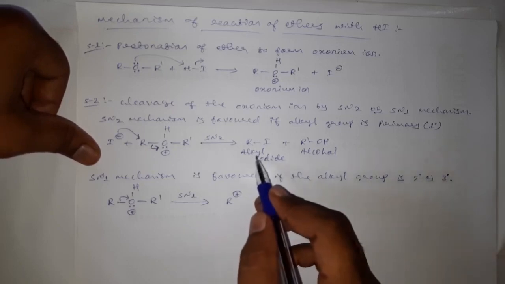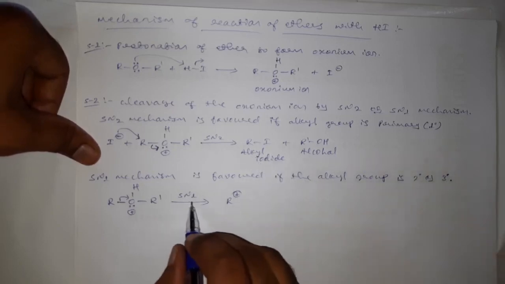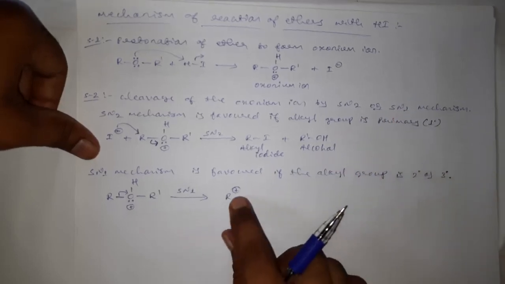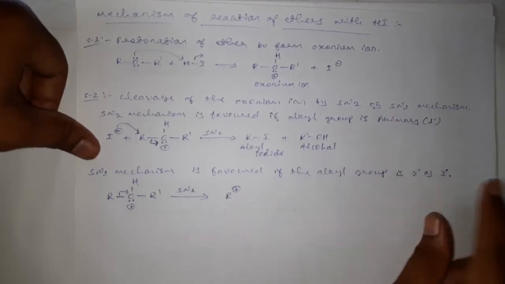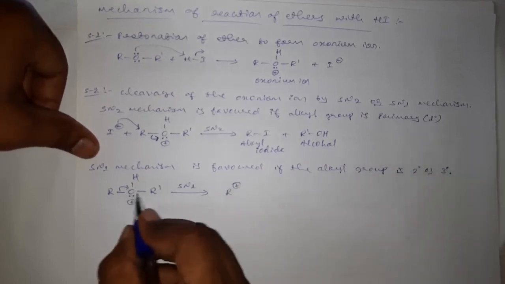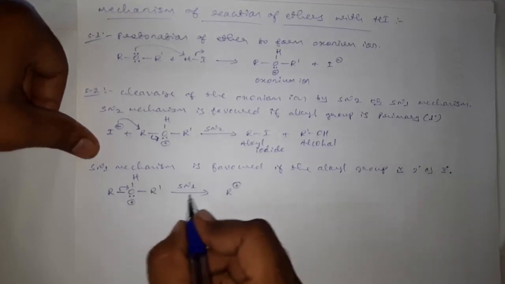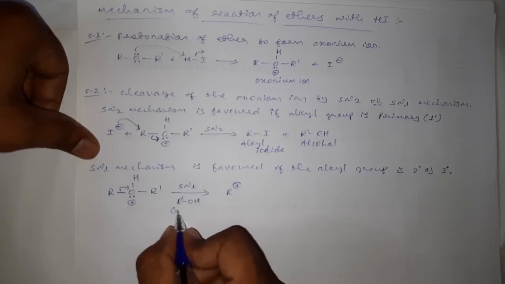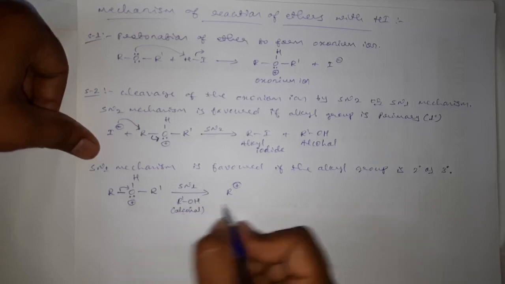the primary carbocation, and therefore it is following SN1 mechanism, in which the first step is what? The formation of a stable carbocation, that is secondary or tertiary. Then here this R'OH will go as an alcohol. It is going as what? Alcohol.